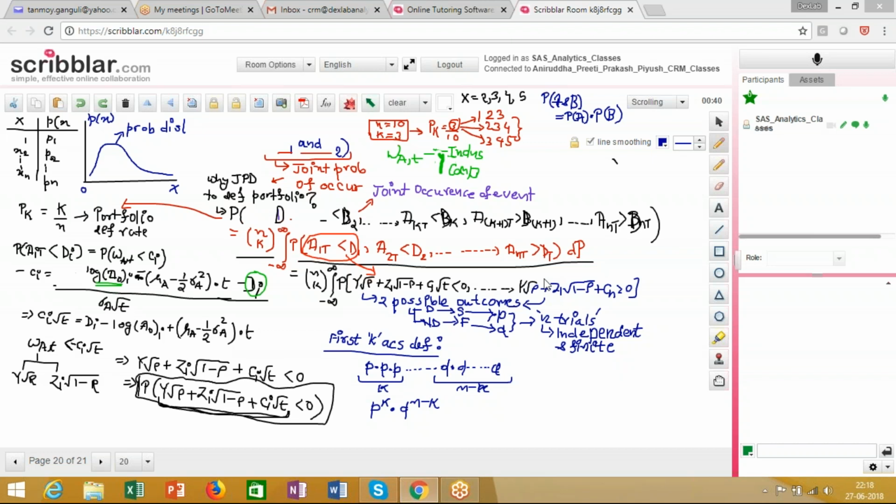It can occur in any kind of combination. So how many ways can the combinations happen?